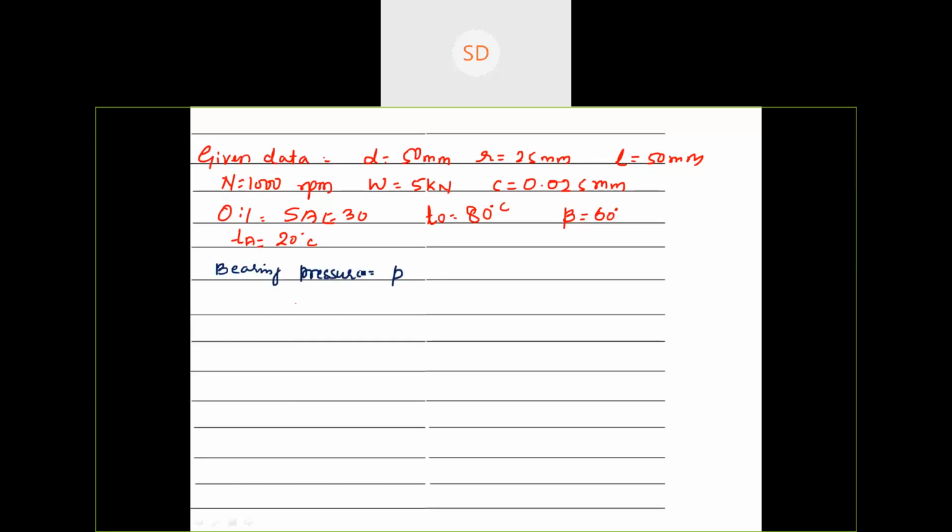So bearing pressure P, small p, equals W divided by LD. W is 5 kilonewton. Okay. So L is 50, D is 50. Someone calculate. It is 2 megapascal.